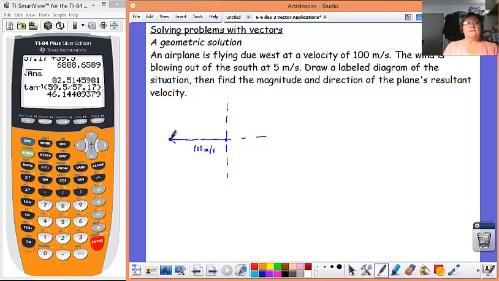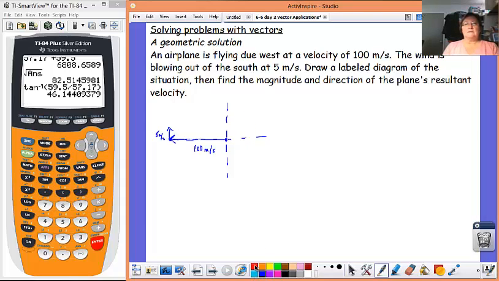So this is not drawn to scale, but the wind is having this effect, blowing it from the south at 5 meters per second. It says that we should find the magnitude and the direction of the plane's resultant velocity.